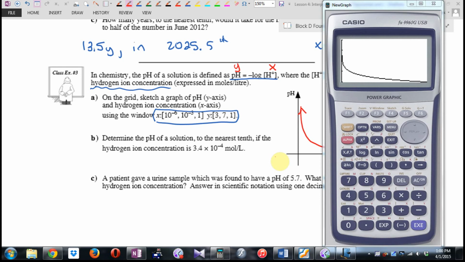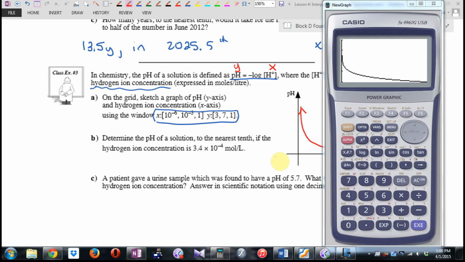I'm going to ask you the same question, but I'm going to phrase it differently. Does part B want me to find a y value or an x value? Read me the question. What does B want me to find? Go look at the original equation. Is pH sitting where the y is, or is pH sitting where the x is?